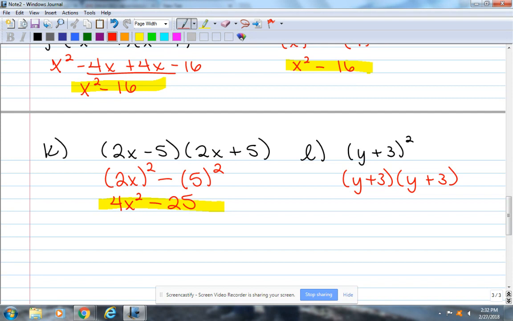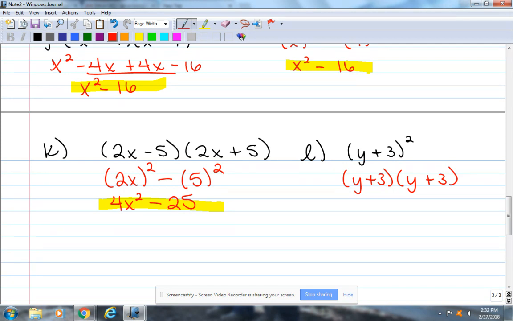That is wrong, wrong, wrong. Never, ever, ever square a binomial and just square the terms.